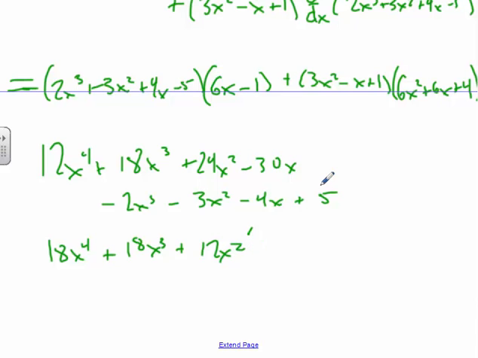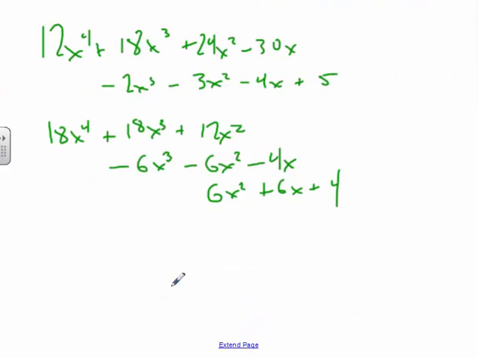Let's clean that up a little bit here. Got to keep organized, right? Then you're going to get a negative 6x to the 3. You're going to get a negative 6x squared. You're going to get a negative 4x. Then you're going to get a 6x squared and a 6x and a 4.